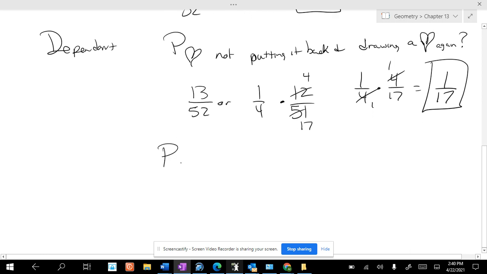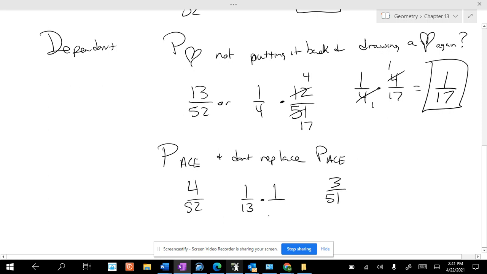Now, let's do that for aces. The probability of drawing an ace and don't replace, and probability of drawing an ace again. What's the probability of drawing the first ace? 4 out of 52, which is 1 out of 13. Then how many aces are left? 3 out of 51 or 1 out of 17.